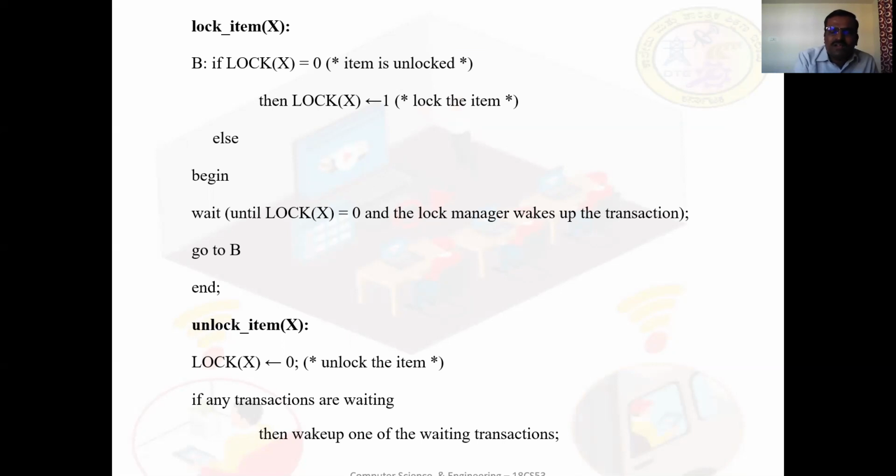These are the lock and unlock operations for a binary lock. This is the lock_item of X, and this one is the unlock_item of X. Initially, lock of X equal to 0 means unlocked, then lock of X is set to 1, meaning the item is locked.